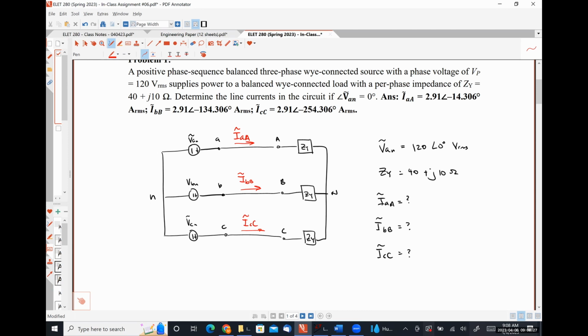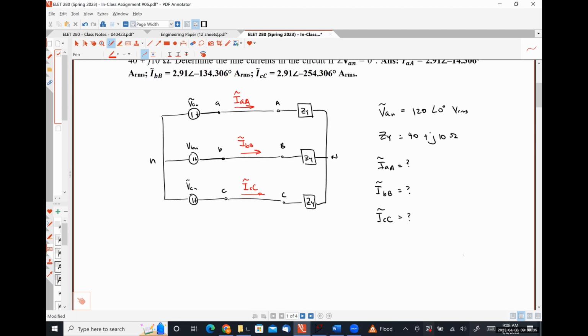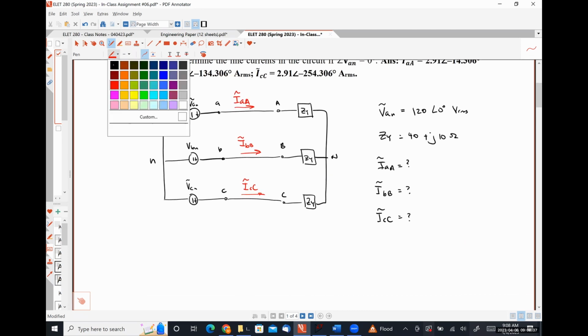So what we're going to do now is use our single phase equivalent circuit to solve for the quantities indicated.